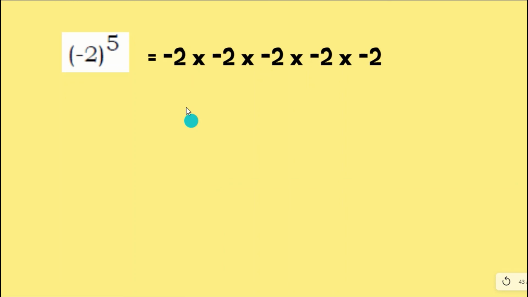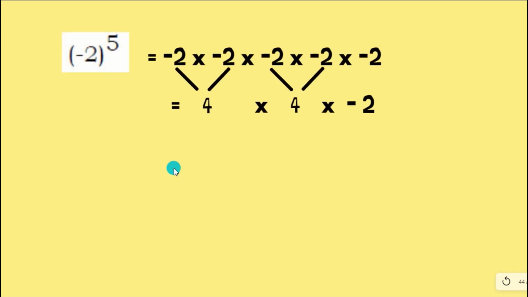If we count this, 1, 2, 3, 4, 5. So this is correct because the exponent is 5. But take note that we are carefully looking for the sign in these numbers. Do not forget the negative sign of the base, okay?